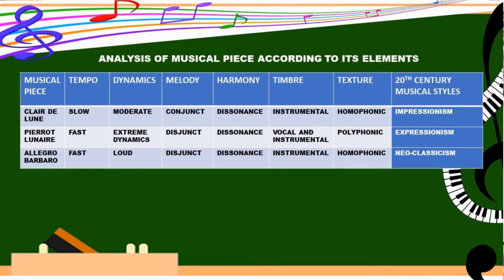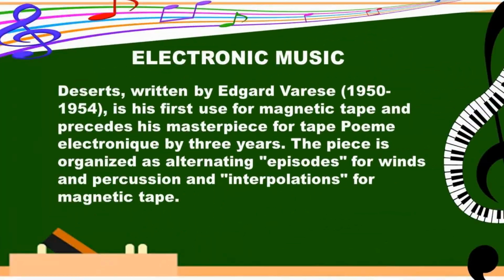And the harmony, there is a dissonance. The timbre use is instrumental and the texture is homophonic. And we classify Allegro Barbaro as Neo-Classicism style.